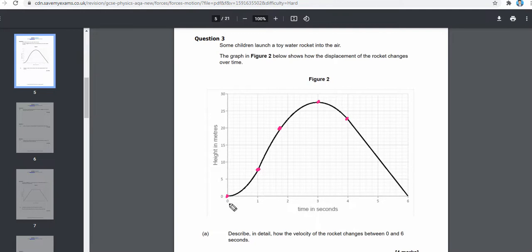Alright, so I'll say this is point A, this is point B, this is C, D, E, and this is F. So I'll say that from point A to B, velocity increases.